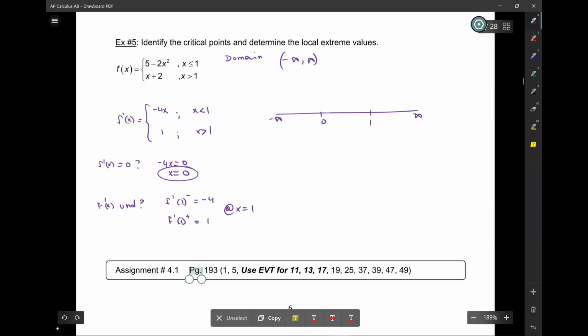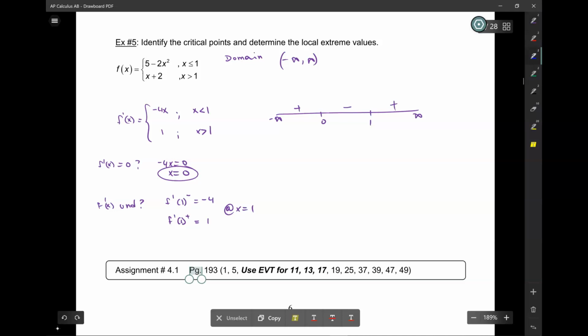All right, so go ahead and plug points in. At negative 1, we're in the top region. The derivative is positive. At like 0.5, it's negative. Oh, yeah, negative. And then it's positive here because it's always 1.